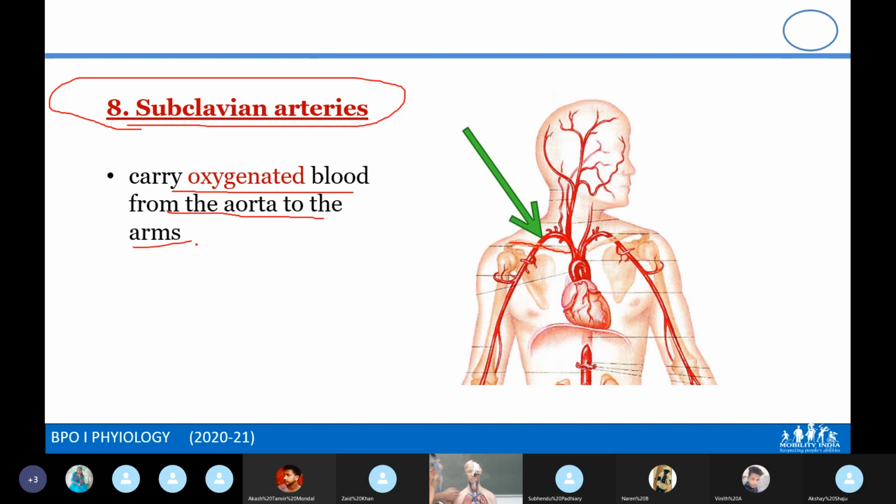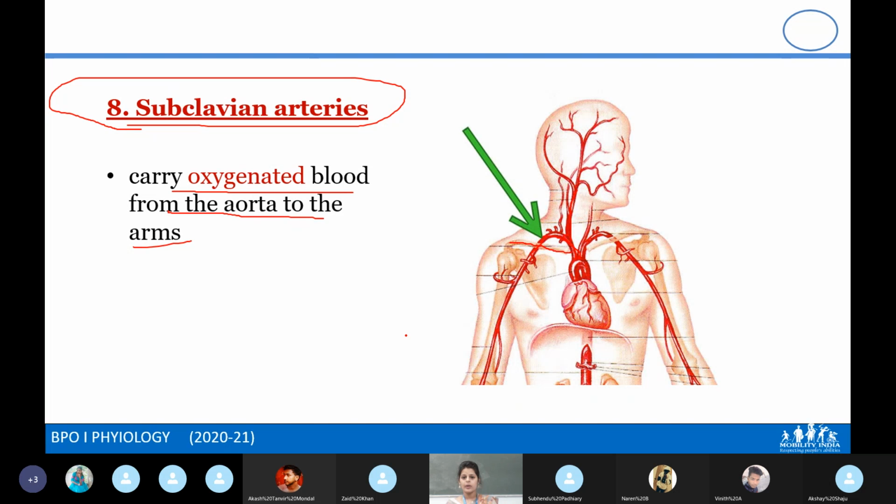So the major blood vessel which carries blood from the heart to the upper extremity is the subclavian artery. Just below the clavicle is the subclavian artery, and that is why if there is any fracture at the clavicle region, the doctor will not do any surgery if it is not an emergency.